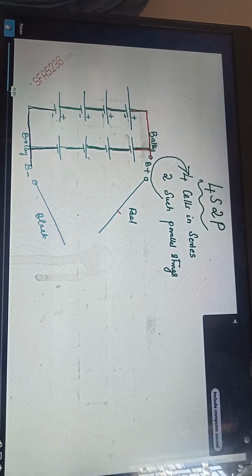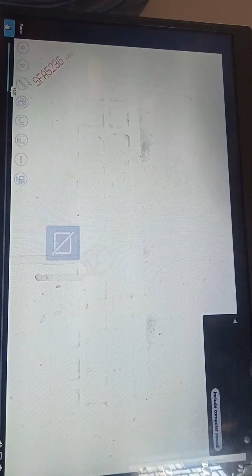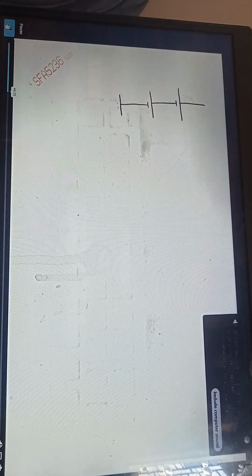Redraw it clearly. So all have done the same way. Okay, great.